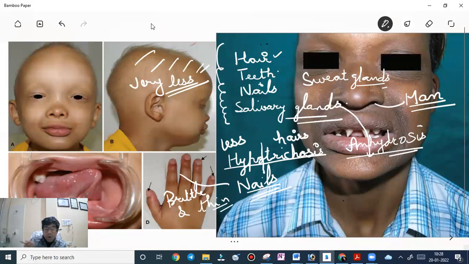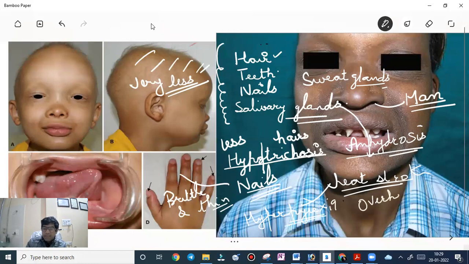That would lead to overheating, and in turn you will see heat stroke. Hence the term used will be hyperpyrexia, that means overheat.